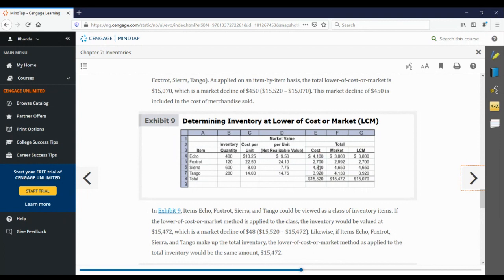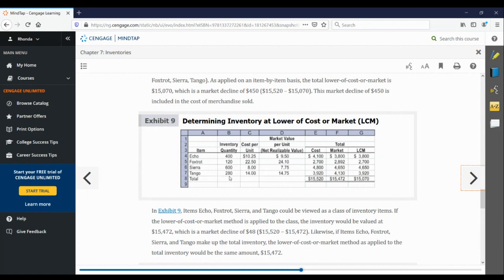So first of all, they've determined the total cost by taking the quantity of inventory and multiplying it by the cost per unit. For Foxtrot, it's 120 times $22.50, which would give you a total cost of $2,700. For Sierra, it's 600 times $8, which will give you 4,800.